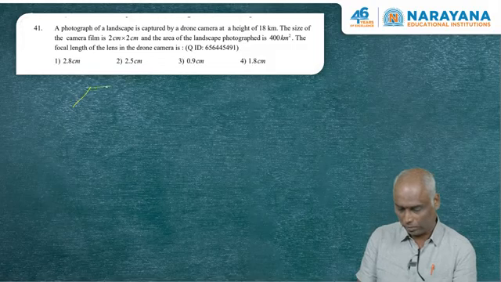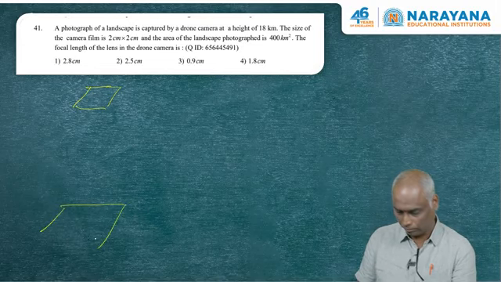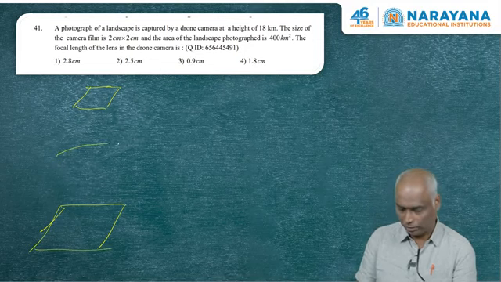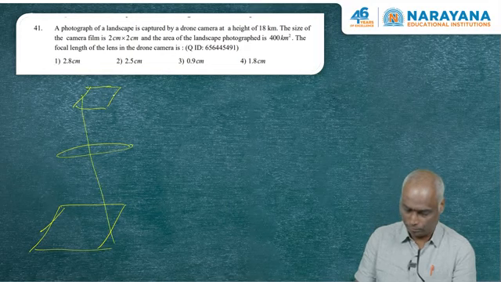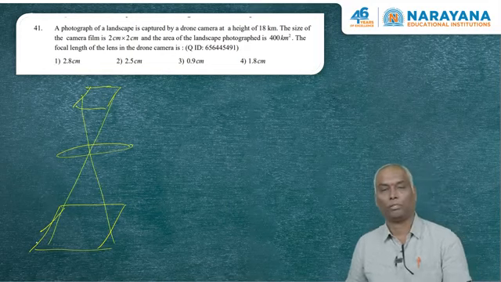Imagining that this is a square film, and this is an object. In between, this is the lens of the camera.